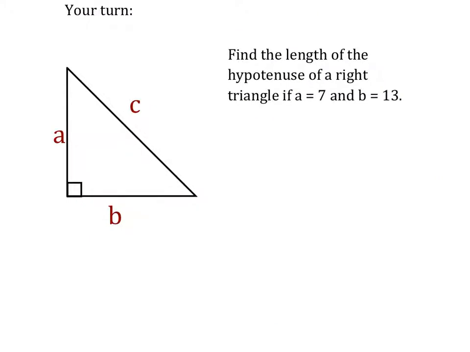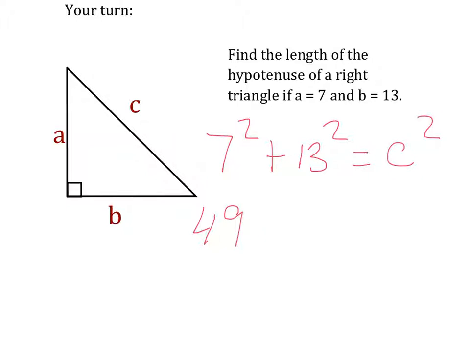Okay, so here we have another example. Go ahead, take a moment, try this one, and then hit pause to see how you do. So the first thing we need to do is set up the equation. 7 squared plus 13 squared equals C squared. Know that 7 squared is 49, 13 squared is 169, and we get C squared.